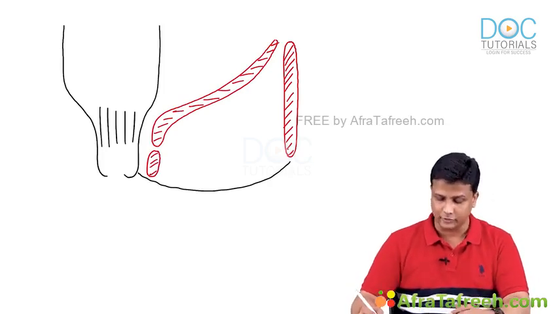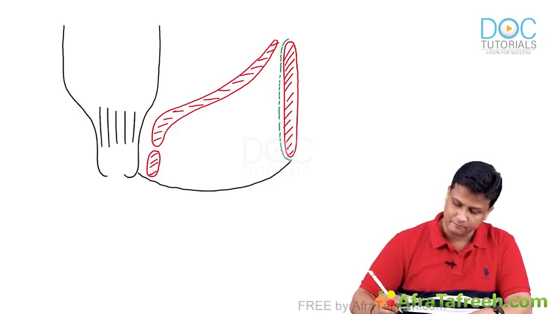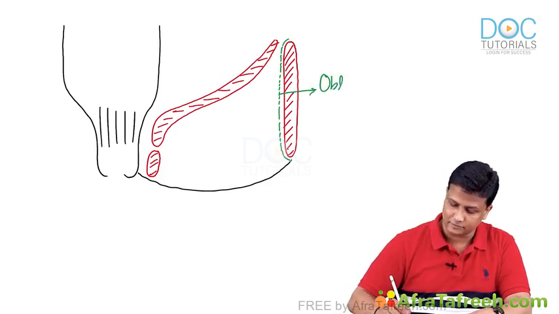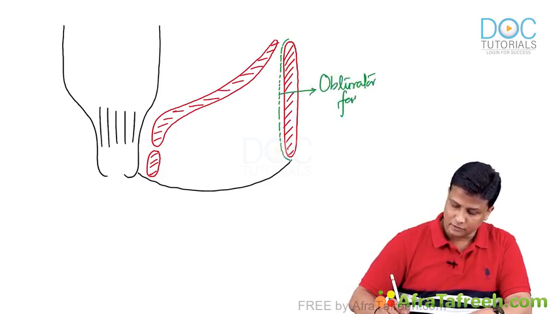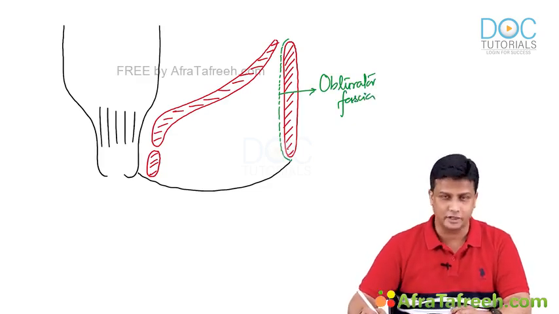That is going to form the medial boundary. Now there is one fascia which will be covering this obturator internus muscle. And that fascia is referred to as the obturator fascia. So obturator internus muscle is covered by a fascia, that fascia is nothing but obturator fascia.